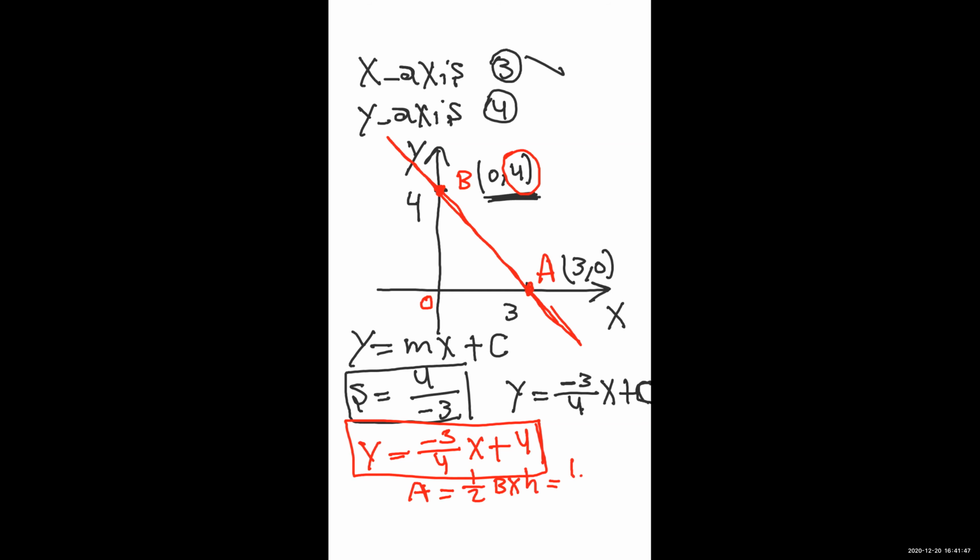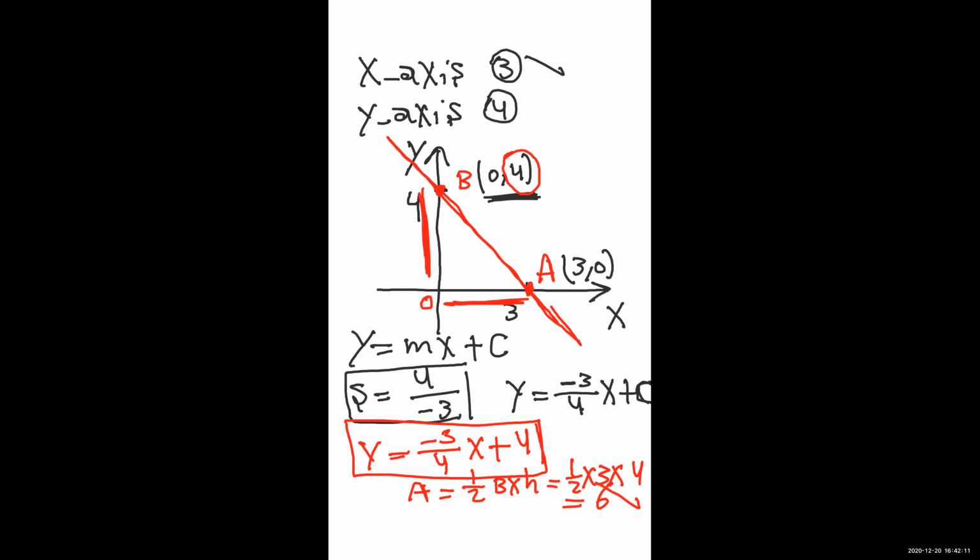So half times base 3, height 4. So the area will equal 6 square units. Okay, guys, are we clear? Yes. Okay, very good. Any questions till now? No, thank you.